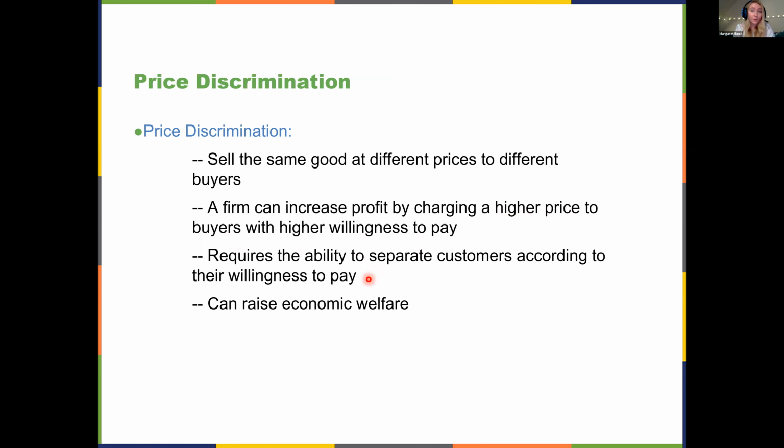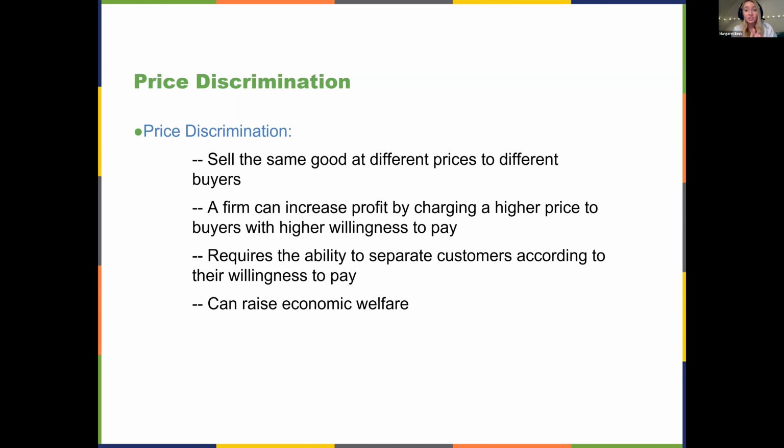So if a firm or a business is able to separate customers according to their willingness to pay, the business could potentially charge people different prices. So I like to use the example in class that I like coffee.